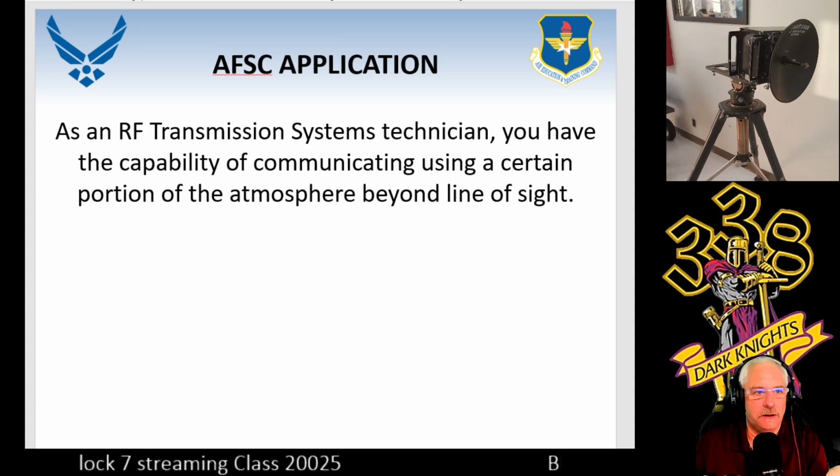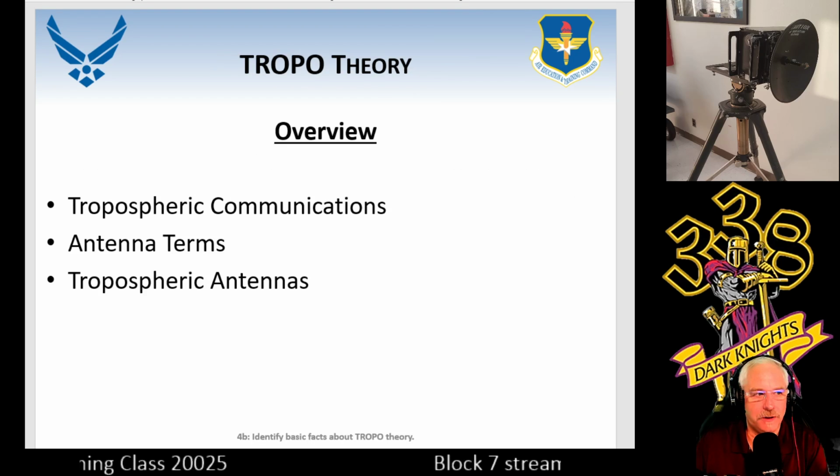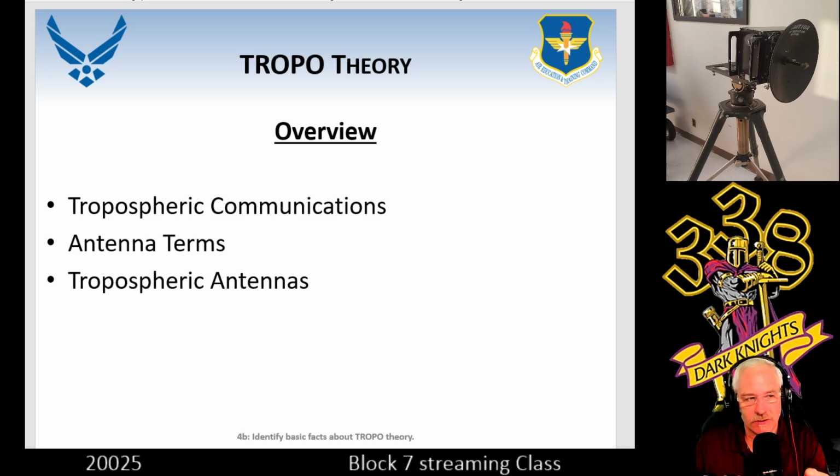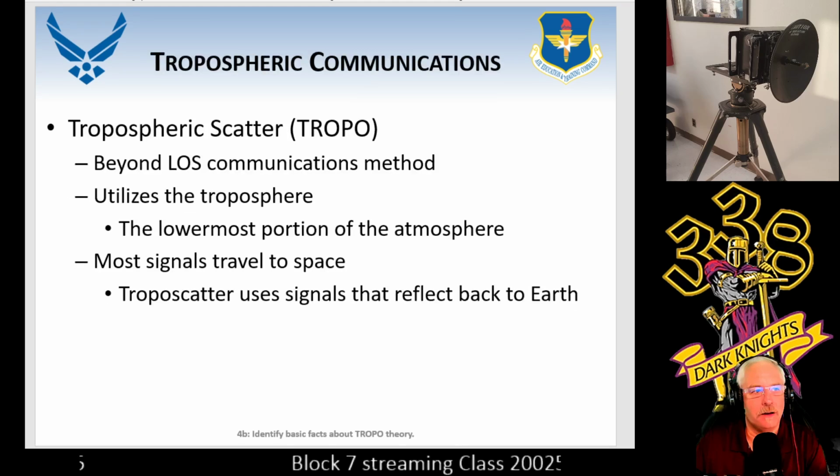Again, the FSC application. Big thing is beyond line of sight. This one is using the troposphere itself. So when we take a look at the troposphere in tropo theory, we're going to cover tropospheric communications, antenna terms, and tropospheric antennas.